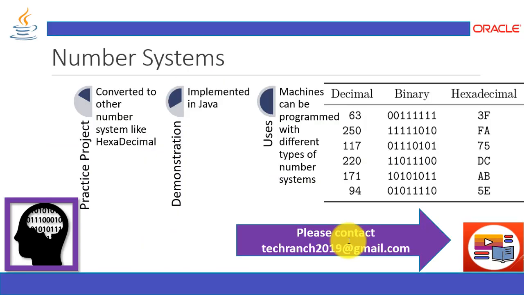So we have seen number system conversions from binary to decimal and decimal to binary with live demonstration. Now for a practice project, you can convert other types of number systems like hexadecimal, octal, and many more, implemented in Java, or you can practice your control statements and array variables and array implementation. These types of number systems are used to program various machines.